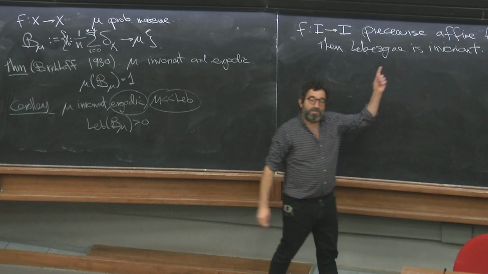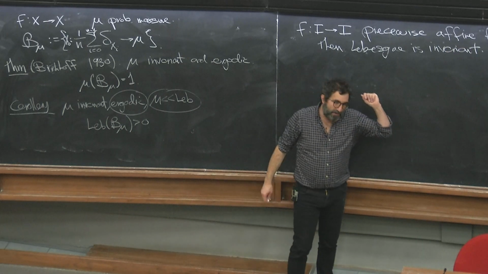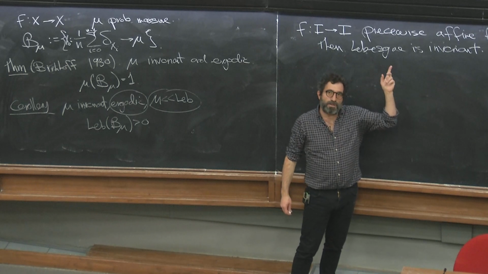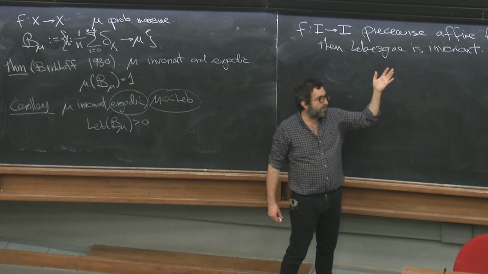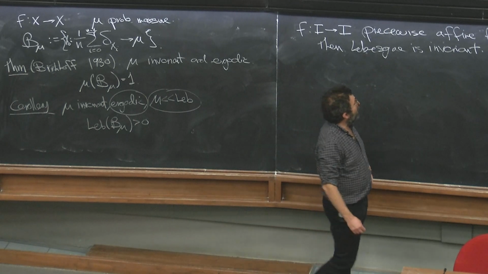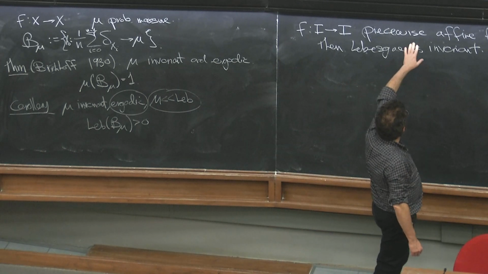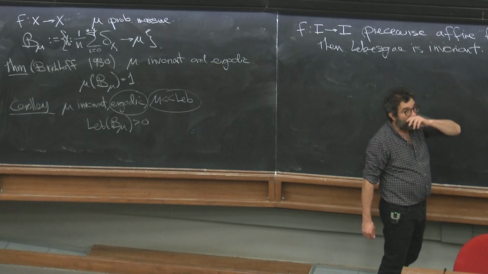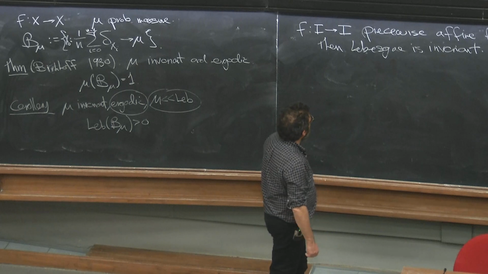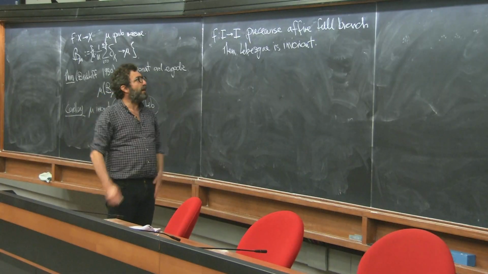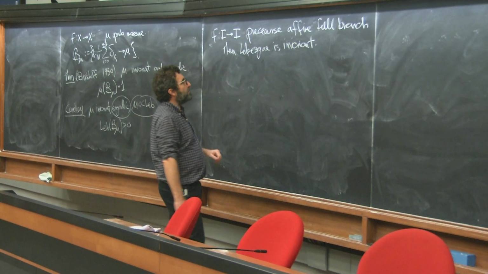Right? This was one of the exercises that I gave at some point. It's very important that you do this exercise if you've not done it, just to get a feeling. This is true even if it has an infinite number of branches, right? Lebesgue measure is invariant.